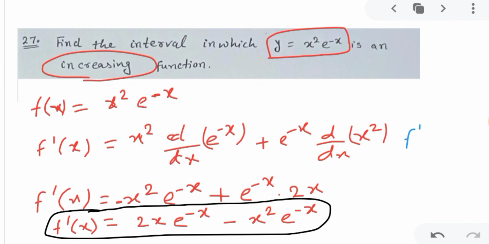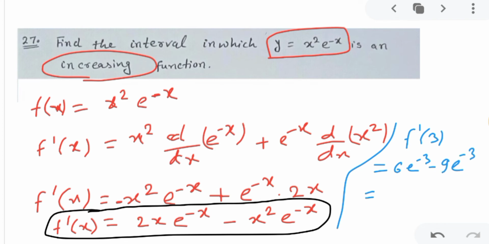This is rough work, f dash 3, right side. So f dash 3 will be, I will put 2 into 3 into e to the power minus 3, 2 3 is 6, e to the power minus 3. I am putting the x value as 3 in this because this is f dash x, minus 3 square, 3 square is 9, and e to the power minus 3. Correct?